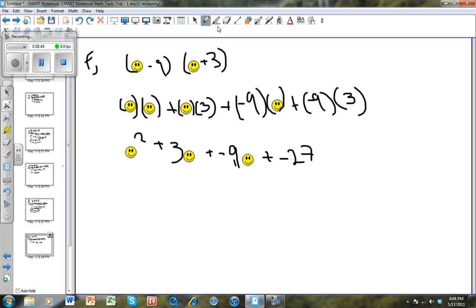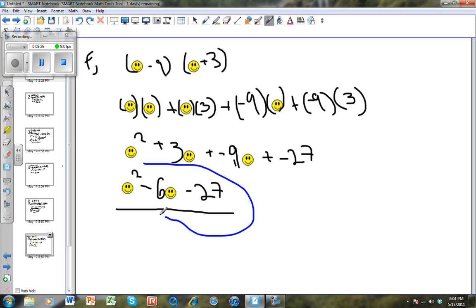And by doing that, it's going to become smiley face squared minus 6 smiley face minus 27. Yay! Never using smiley faces again.